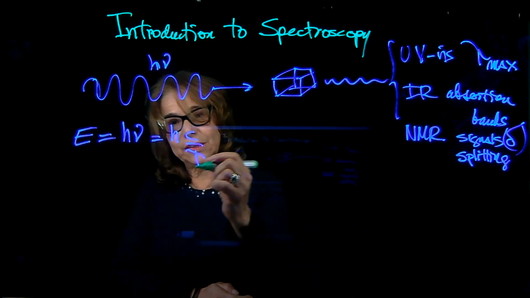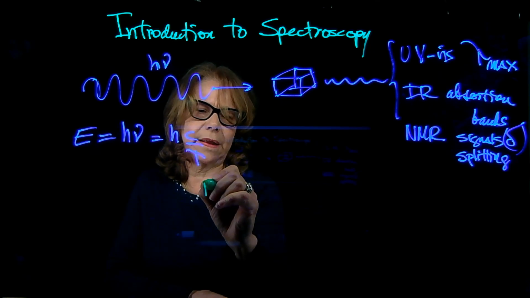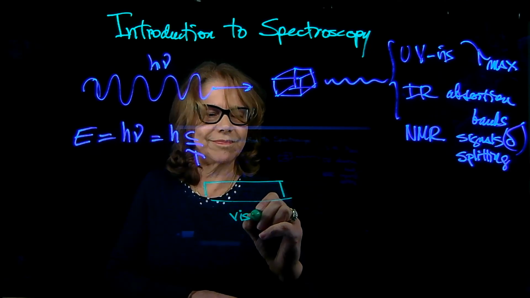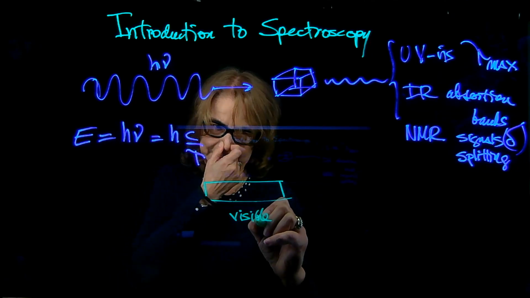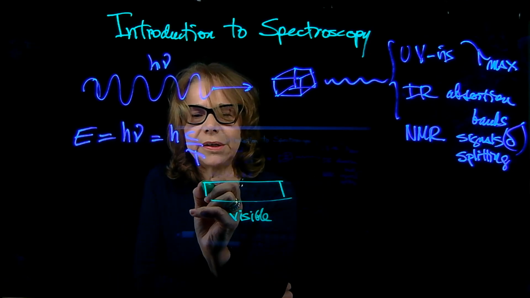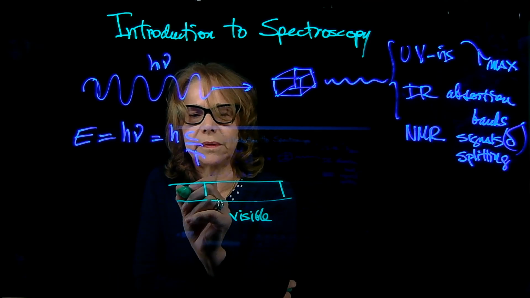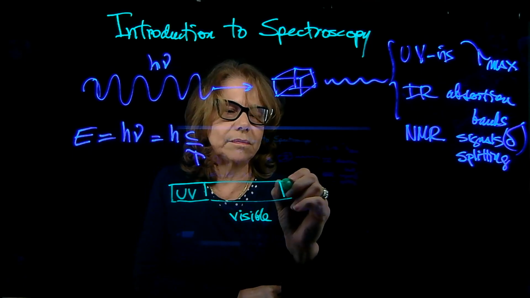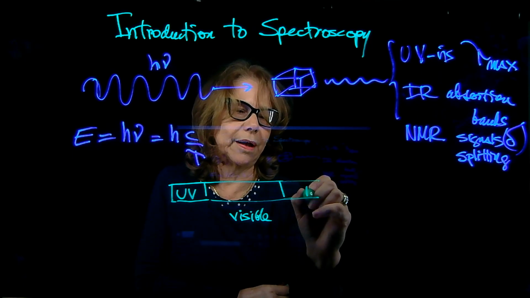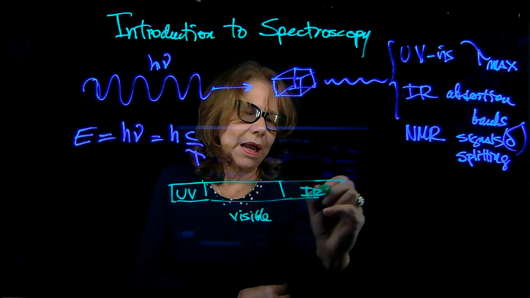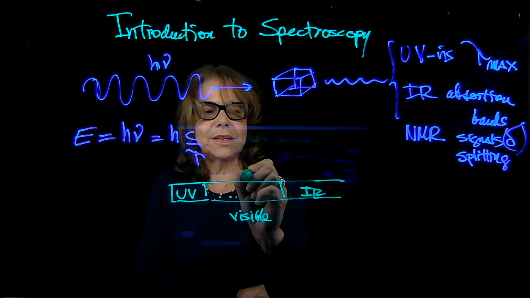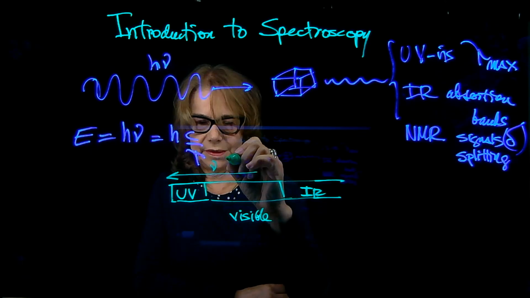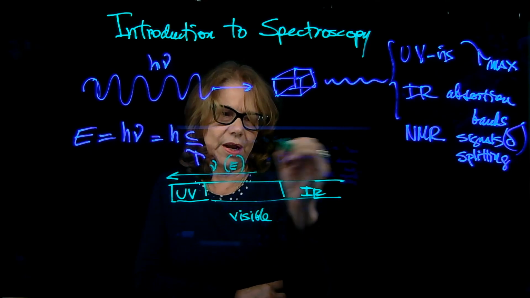So in the electromagnetic spectrum, let's say that I'm here in the visible range. Higher in energy, we're going to be looking at UV, and with less energy, here we're going to have the IR. In this sense, frequency is increasing in this direction, and of course energy.